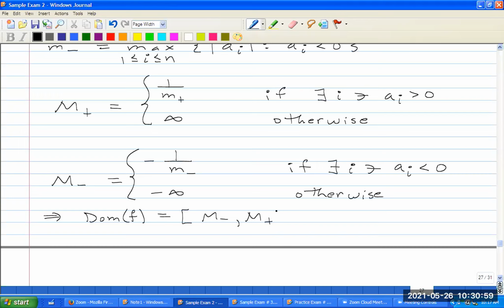It's a closed interval, but of course, if this is infinity, then you don't include it. So if either of those are infinity, you don't include the endpoints. So how do I say that?